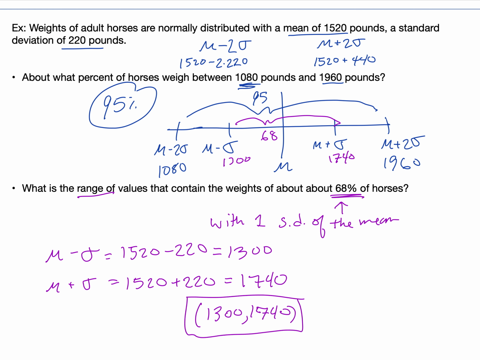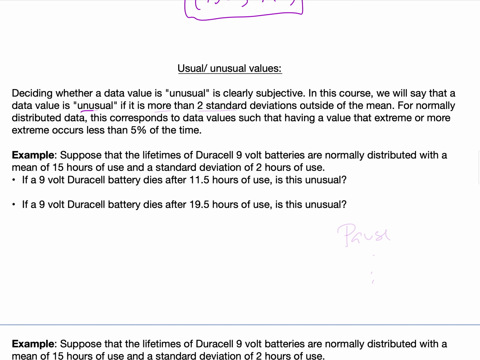So we're going to talk about usual and unusual values, and the way that we interpret this idea is going to be based partly on the empirical rule. Determining whether a data value is unusual is clearly subjective. One person might say something's unusual if it happens less than 1% of the time. Another person might say if it happens less than 10% of the time, that's unusual to me.